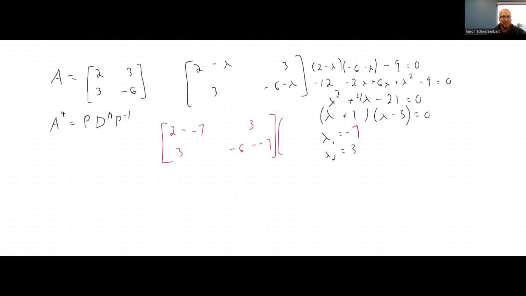Then they're always times A, B equals 0, 0. So that's 9, this is 1. We get 9A plus 3B equals 0.